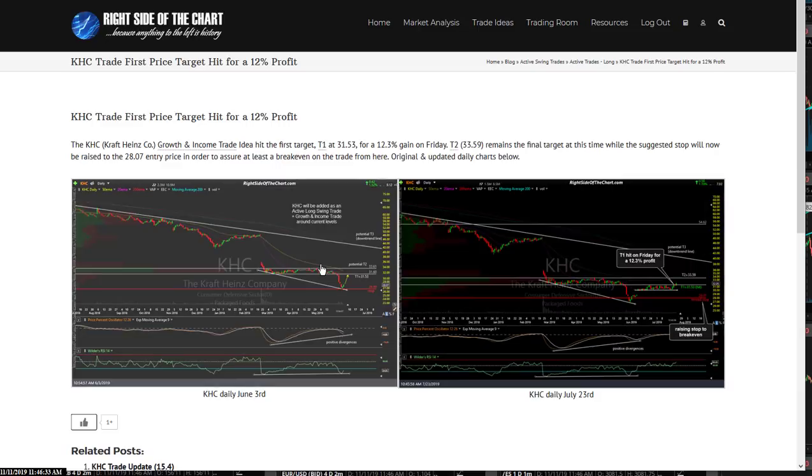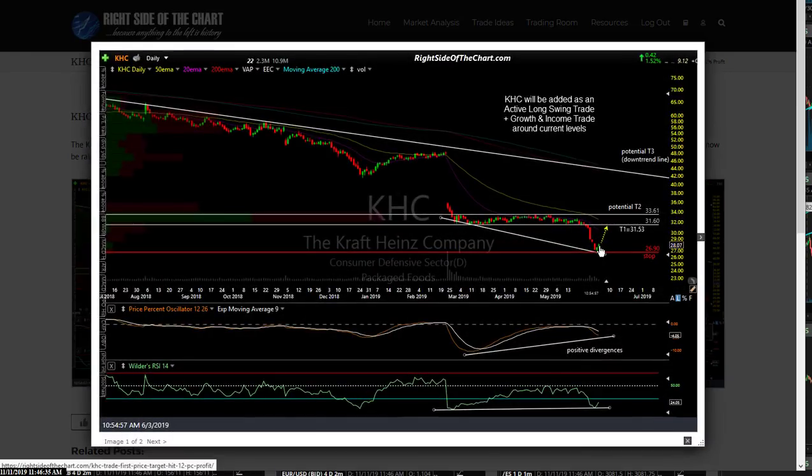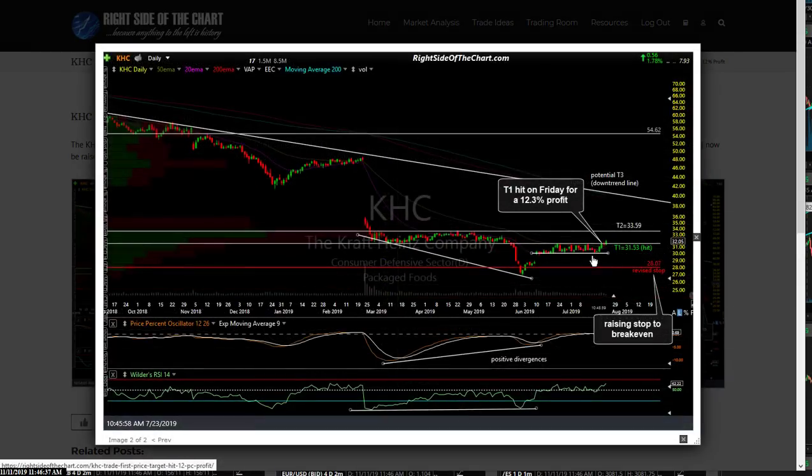It ended up panning out well. That's where we entered. We went up. We hit our first target right there. I raised the stop to break even, so that assured, if anyone was holding out for that target, well, you guys do what you want, but that would assure either a break even, or if you took partial profits there, you'd have half profits, say, and the other half stopped out there, and you would have made something.